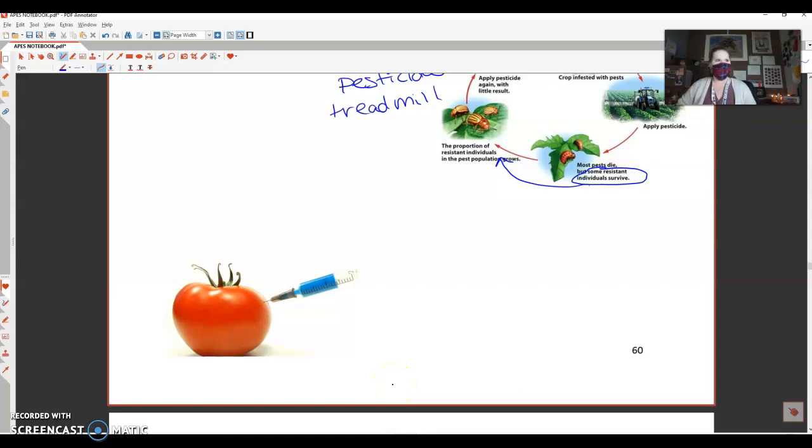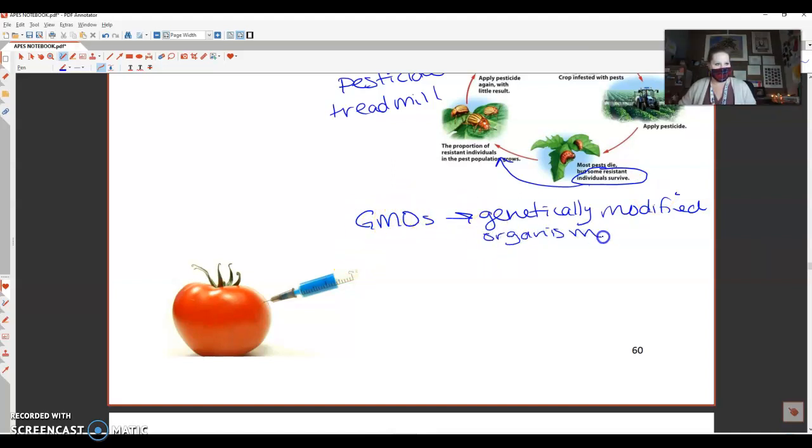Now, there's a lot of controversy about GMOs, genetically modified organisms. Now, you'll see a lot of things out on the internet.